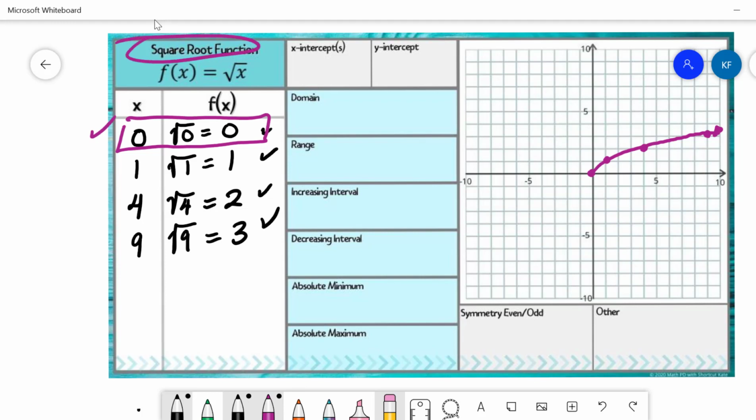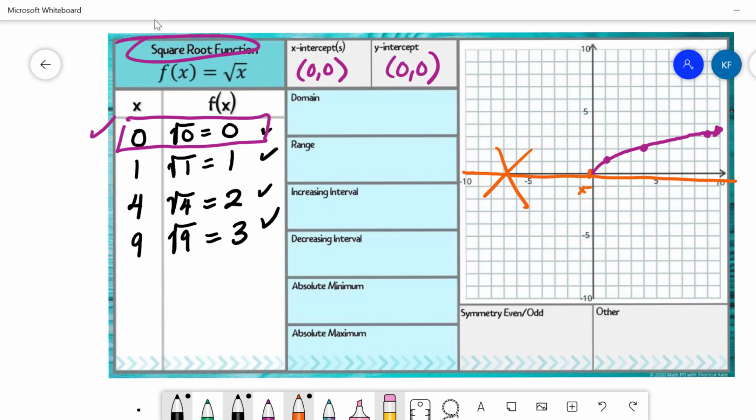And now we're going to do all of our analysis on here, or the characteristics. So domain. The domain are all the x values. And if you notice, there's nothing over here that are the x values. Those x values start right here, and that's at 0.